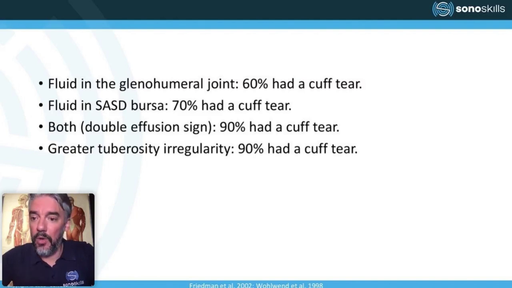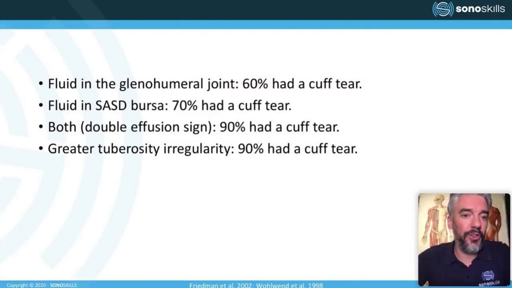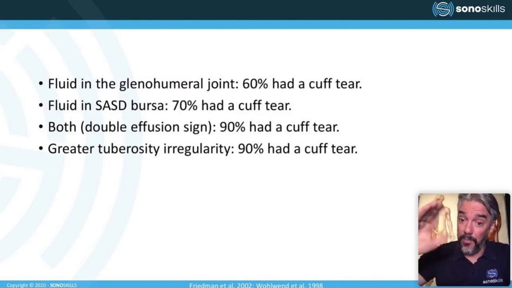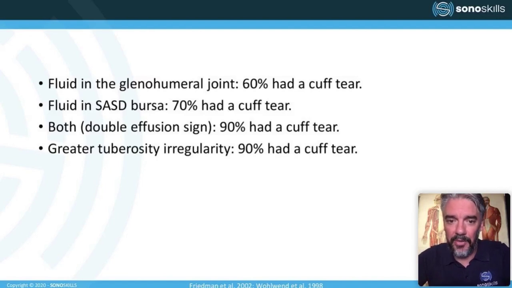So let's look at these effusion signs. If we have fluid in the joint, 60% has a cuff tear, fluid in the bursa 70%, and if you have both in the joint and also in the bursa, 90% has a cuff tear.